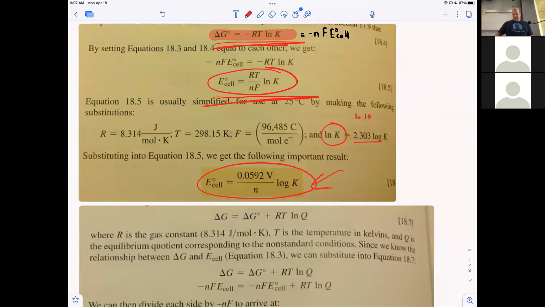And then when they started combining them, we were just trying to find standard rules. That's one of the reasons why E0 cell is considered positive for spontaneous, whereas for Gibbs energy, negative is spontaneous. Like I said, they were developed independently, and so the sign conventions just kind of went the other way.